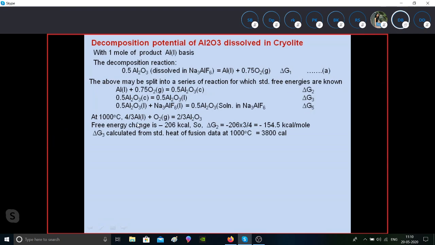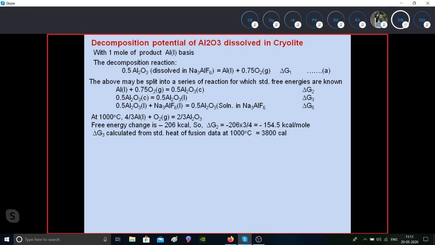At 1000 degrees, this is my standard reaction. Ellingham diagram, what is the basis of the Ellingham diagram? What is the basis of the free energy diagram? Suppose I have M plus O2 is equal to MO2.